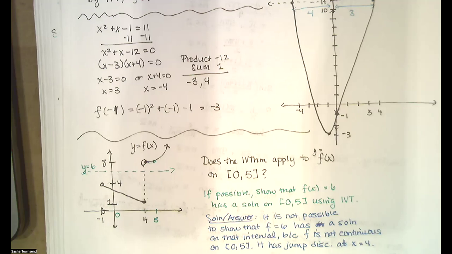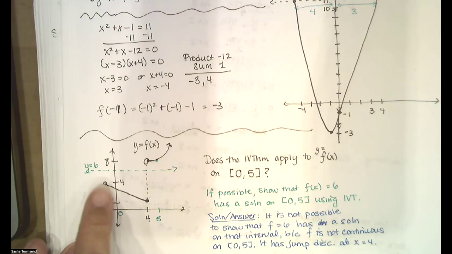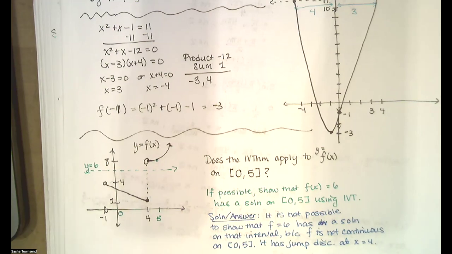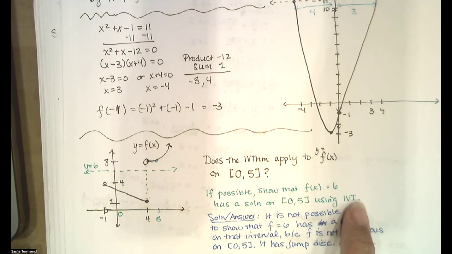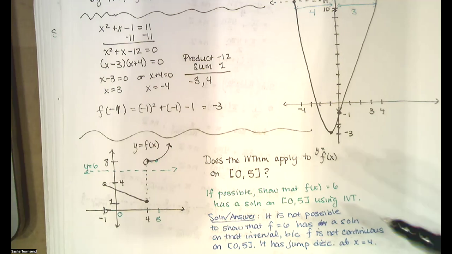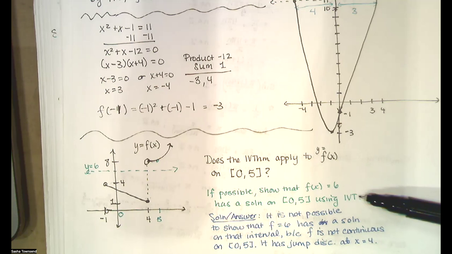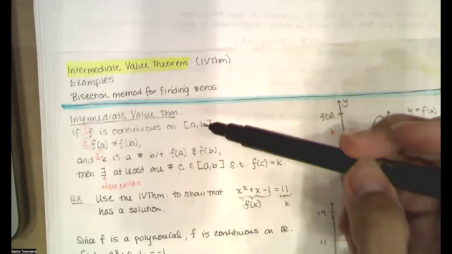Now we could have drawn it so that the intermediate value theorem didn't apply, but the function actually did have a solution on that interval. We could have drawn a different picture so that the theorem wasn't appropriate, but the function still had a solution. I'm not going to look at that case here, but the point is we can only use the intermediate value theorem if all of these things are true.